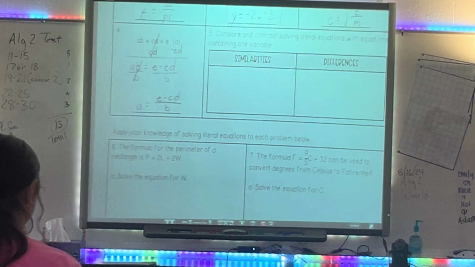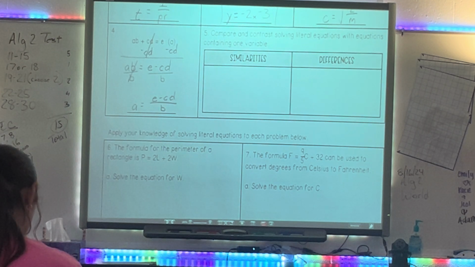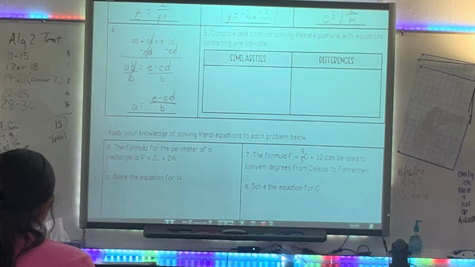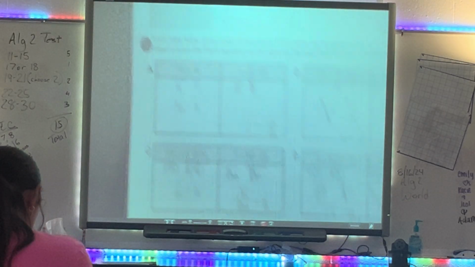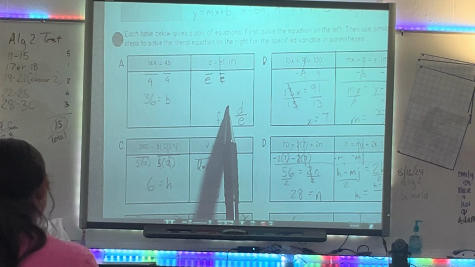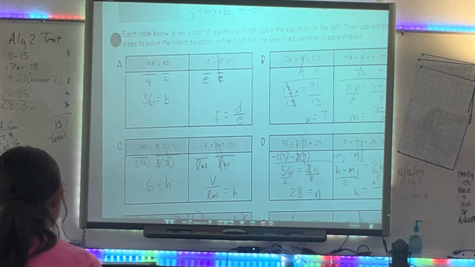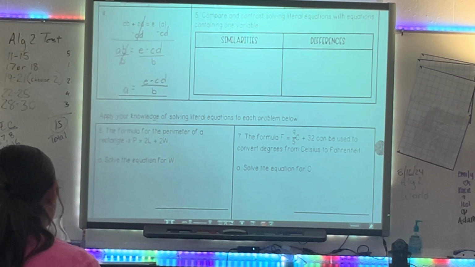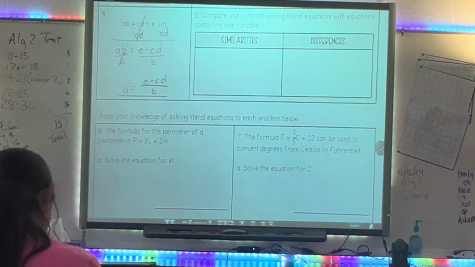So when we look at what's the same and what is different between using a problem that has all these variables and a problem that is more numerical, with a single variable. As far as what is the same, the order in which we do things is the same.